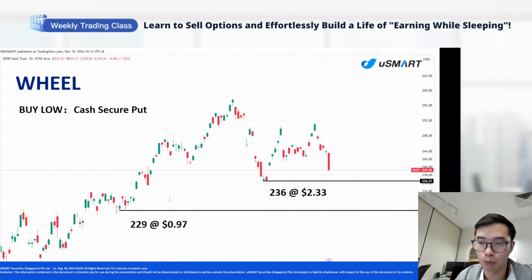So we try to sell options above 1 month, because in the last 1 month time decay falls very fast, so the premium you can earn is very low. So it's better to go 1 month to 2 months and above.